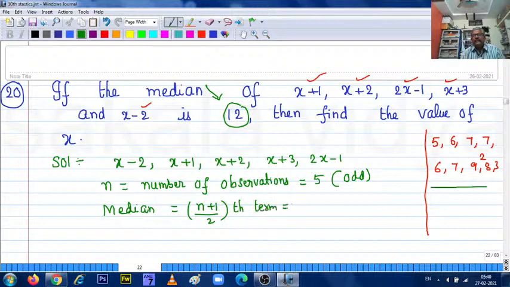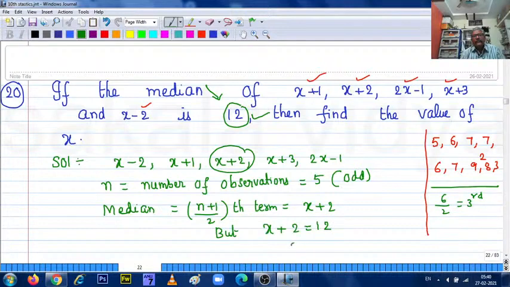So that equals 6 by 2, the third term. This is the third term, x plus 2. But x plus 2 is given as 12. So x plus 2 equals 12, so x is equal to 12 minus 2, whose value is 10. So this is the answer.